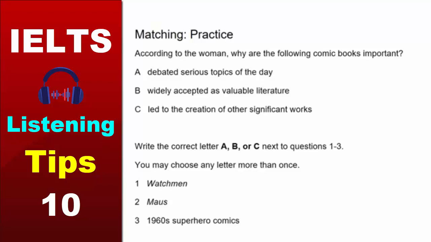Watchmen was named one of the greatest novels ever written, despite being a comic book, and Maus won a Pulitzer Prize. Many people accept comics as a place where serious literary work can be done. I think that's a fair point, but it's not a point you fully made in your paper.